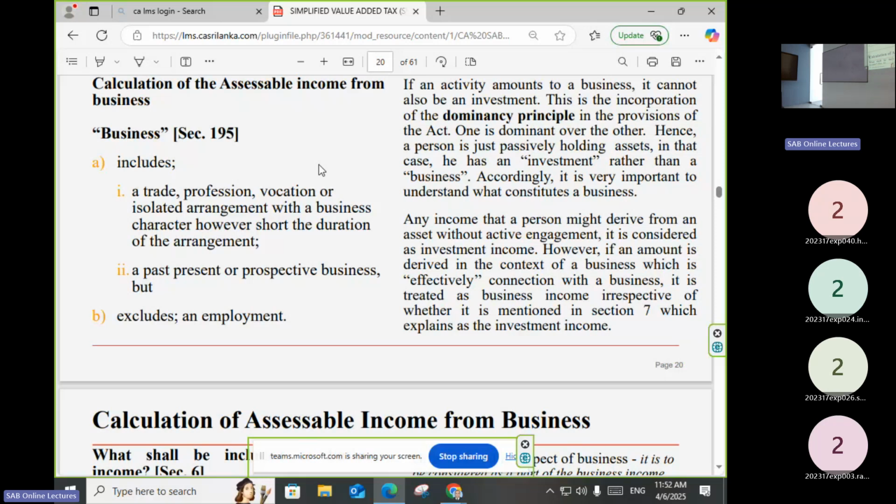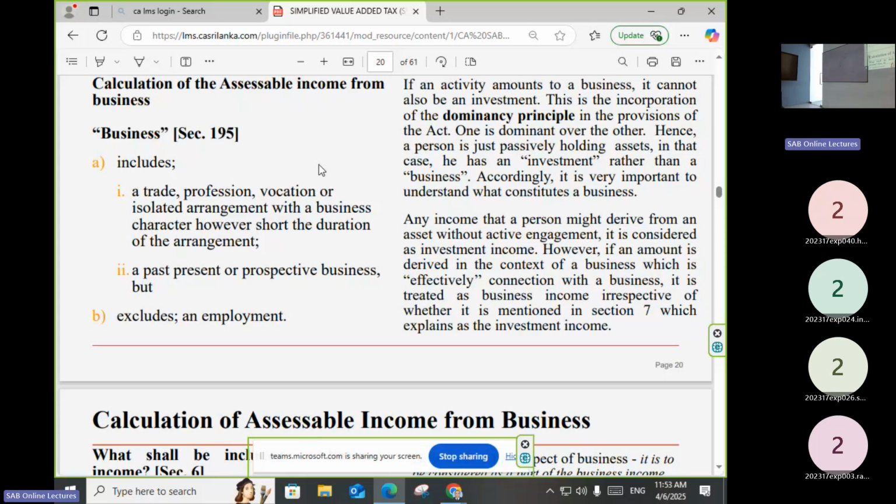It says trade, profession, vocation, or isolated arrangement with a business character. So what is the main business character? Earning profit. If it is an isolated arrangement, only one arrangement, what is the intention? Earning profit. Then it comes under business.